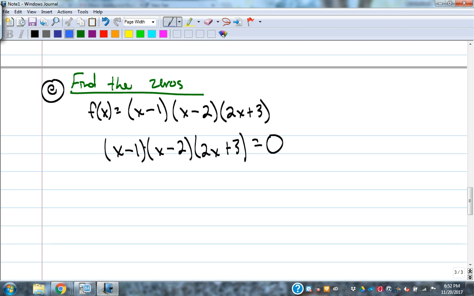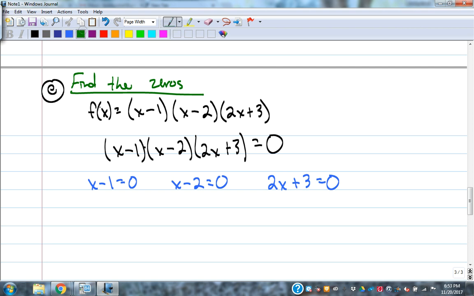And if it's in factored form, finding the zeros, you take each factor and set them equal to 0. So we said x minus 1 equals 0, x minus 2 equals 0, and 2x plus 3 equals 0. So if we can get it in factored form, we end up with 3 very easy problems to solve, right?